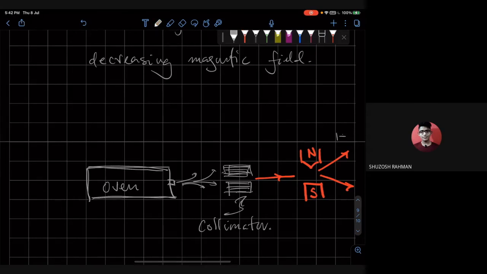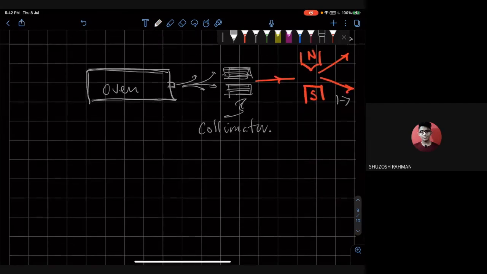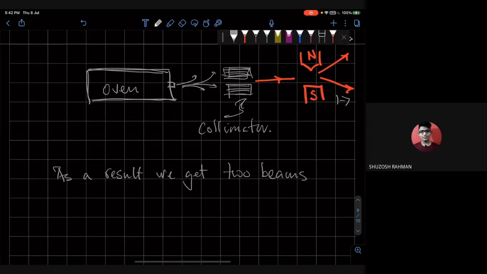So as a result of the Stern-Gerlach magnet, we get two beams coming out of the magnet.